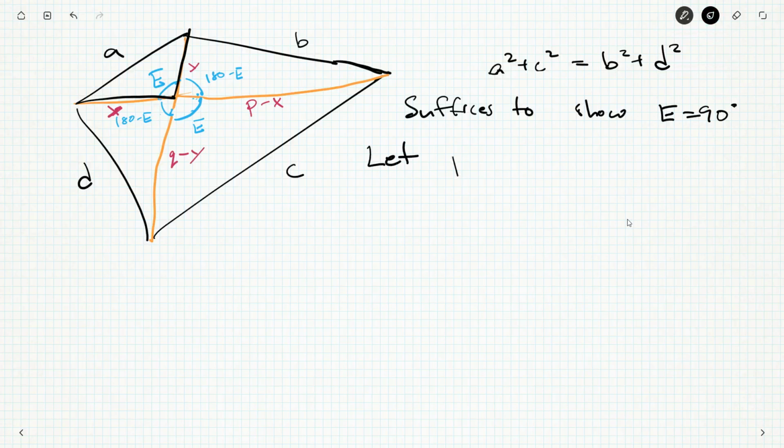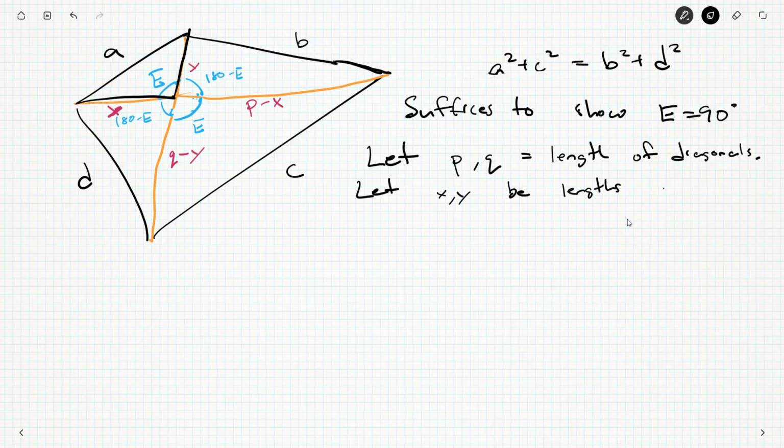So I'll just write down what I've done. Let p and q equal the lengths of the diagonals. Let x and y be lengths from corners or vertices to the intersection of the diagonals, which, because it's convex, is inside the quadrilateral, and maybe we should make a note of that.